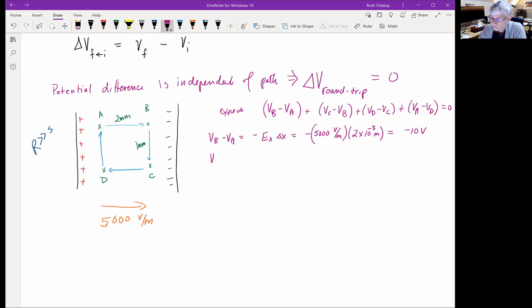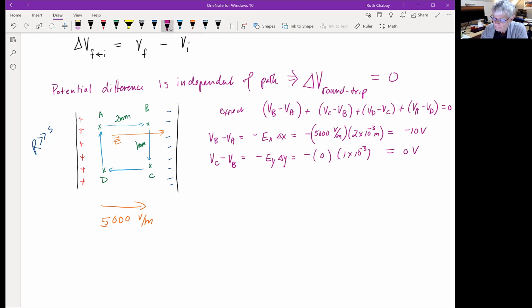And now we're going to go from B to C. So we want VC minus VB, which is going to be a minus EY delta Y, which is a minus 0 times 1 millimeter. So that's 0 volts. And we see the electric field here is perpendicular to our path.